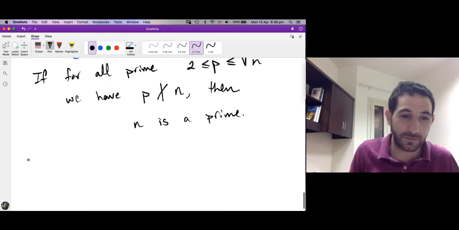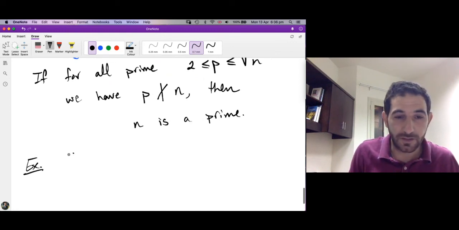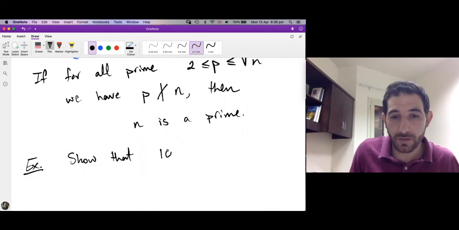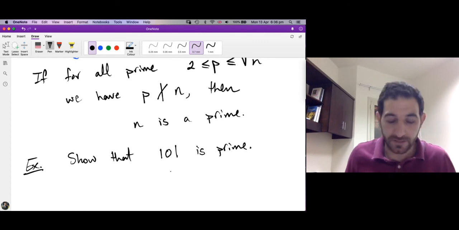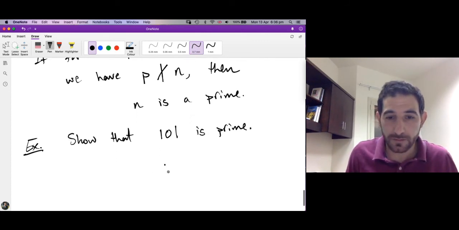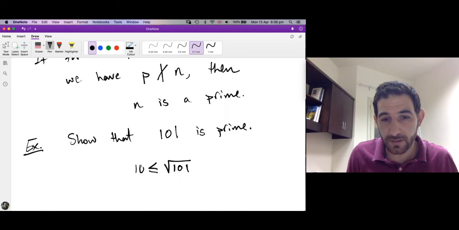For example, look at this example. Show that 101 is prime. So let's look at square root of 101. The square root of 101 is less than or equal to 10 and strictly less than 11.